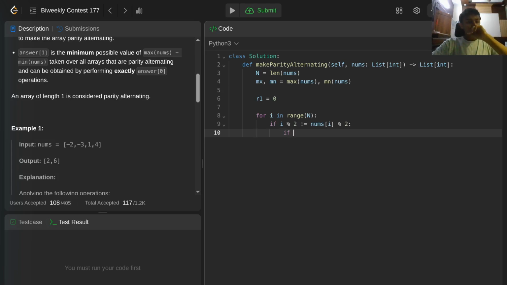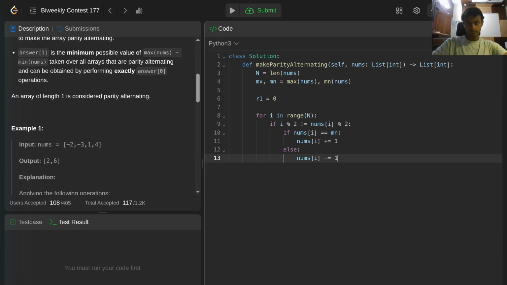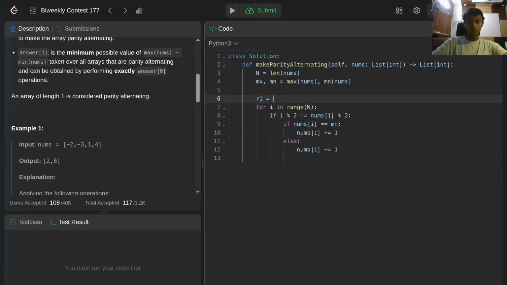if nums of I is equal to mn, then we can just do nums of I is equal to 1, else if I is equal to 1. So the same thing. So this is R1.